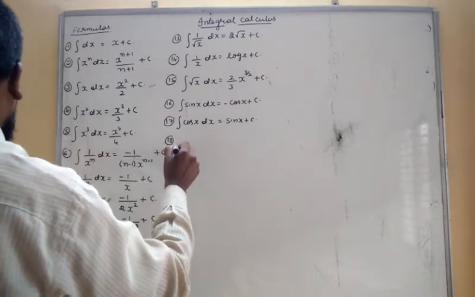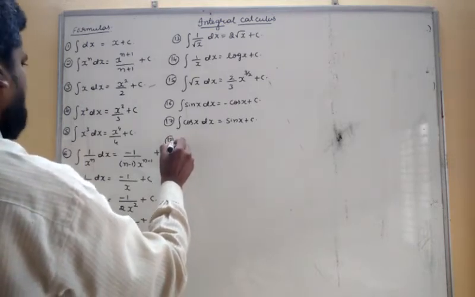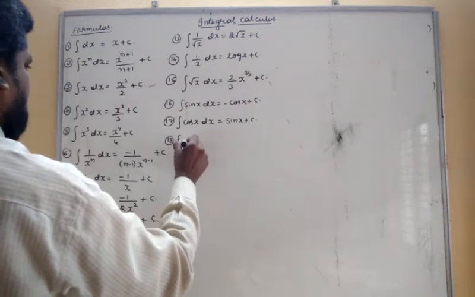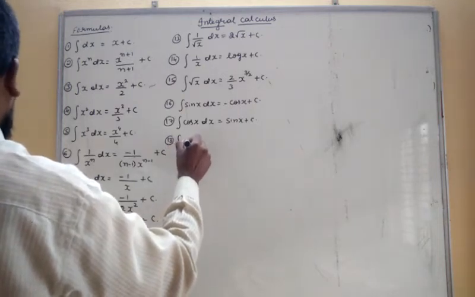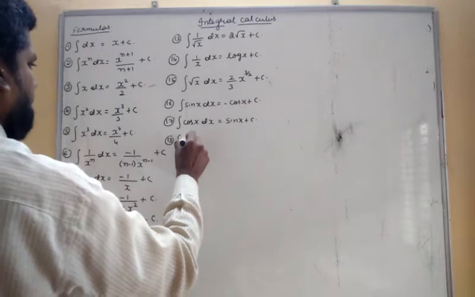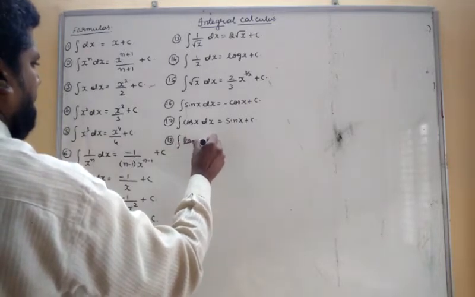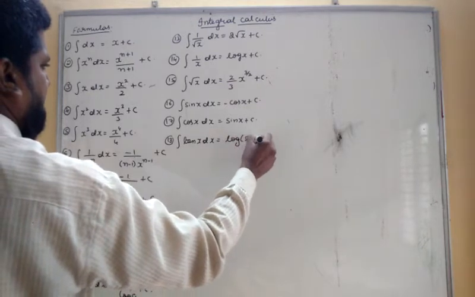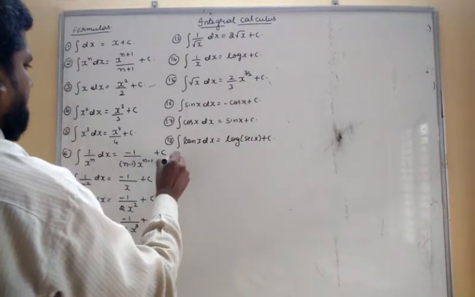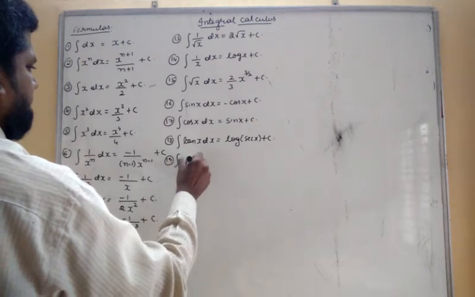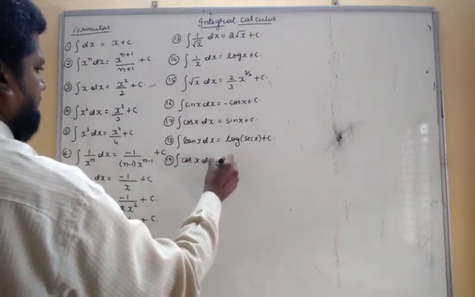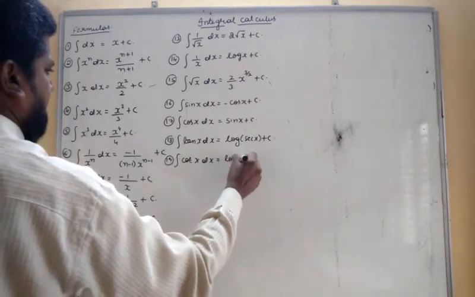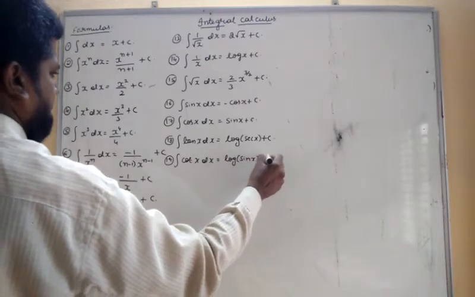Integration of tan x is log of secant x plus c. Integration of cot x is log of sin x plus c.